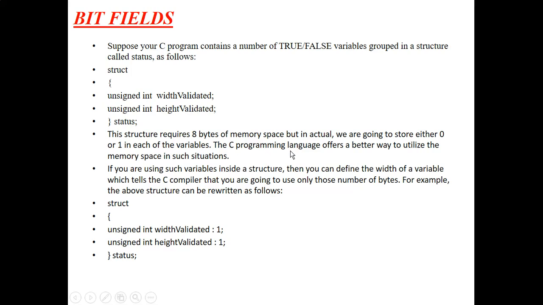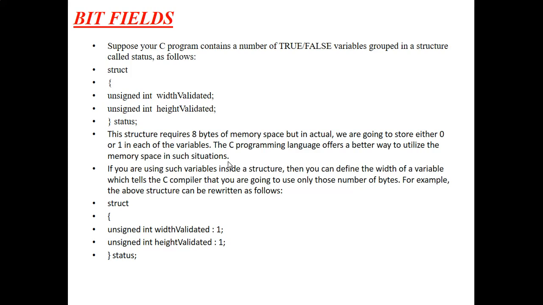The C programming language offers a better way to utilize the memory space in such situations. What this point means here: the length of an integer is 4 bytes. I have written two statements, that's why it is going to take 8 bytes of data in memory.